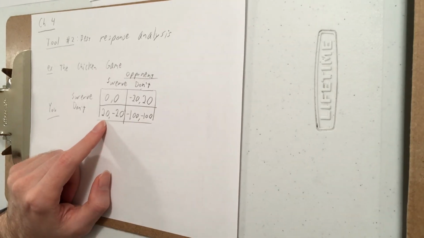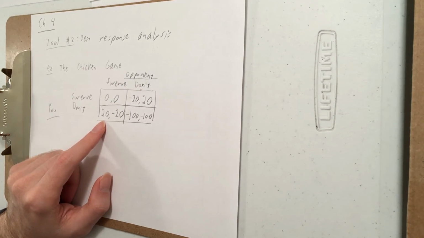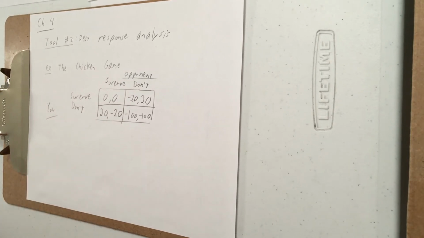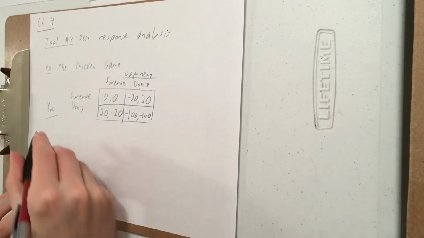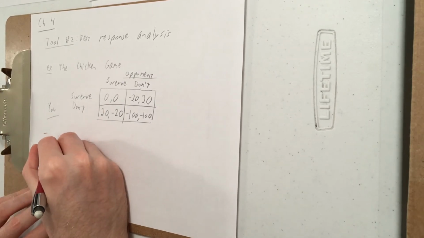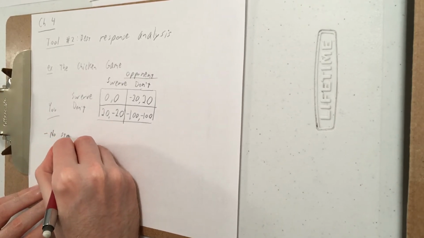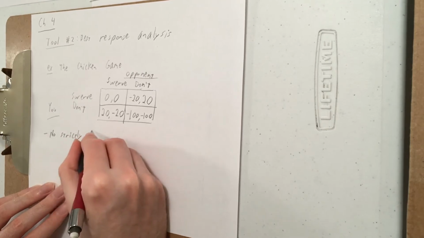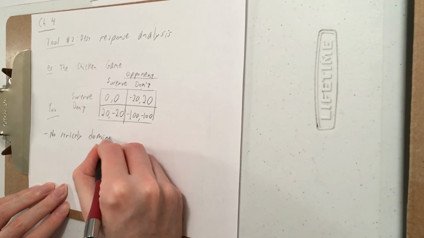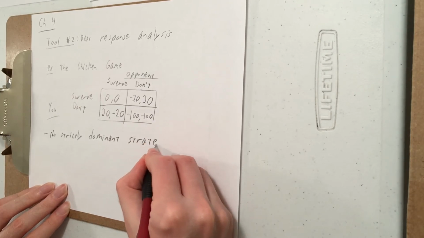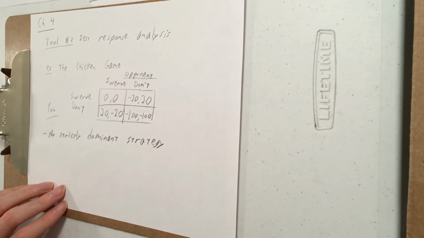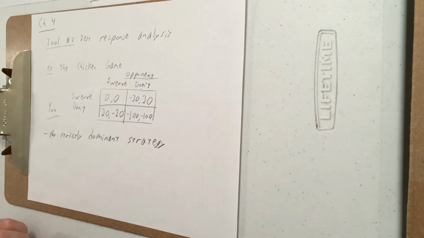So sometimes you want to not swerve, sometimes you do want to swerve. It's not like one strategy is always better. This game is symmetric, so the same is true for your opponent. There is no strictly dominant strategy. So tool number 1, which we had in the previous episode, just wouldn't apply here. There are no dominated strategies to rule out.